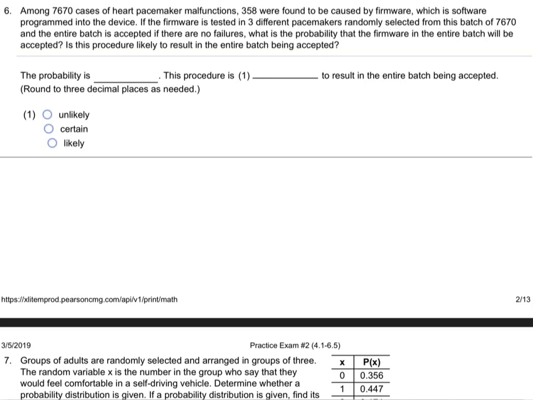So basically, we have 7,670 total cases. That's like the total. And how many are bad? What does it say? 358. 358 are basically bad, right?